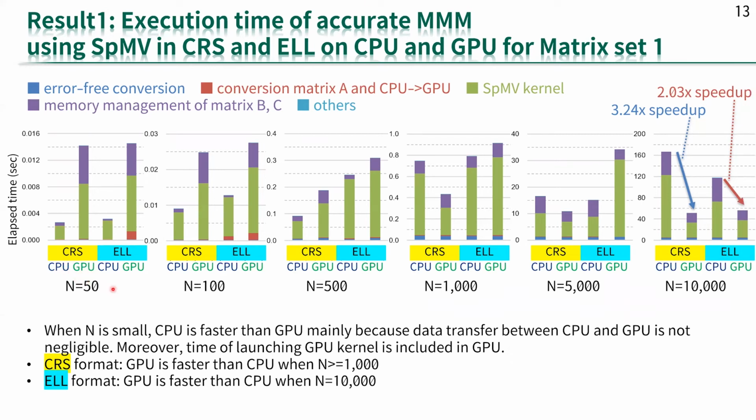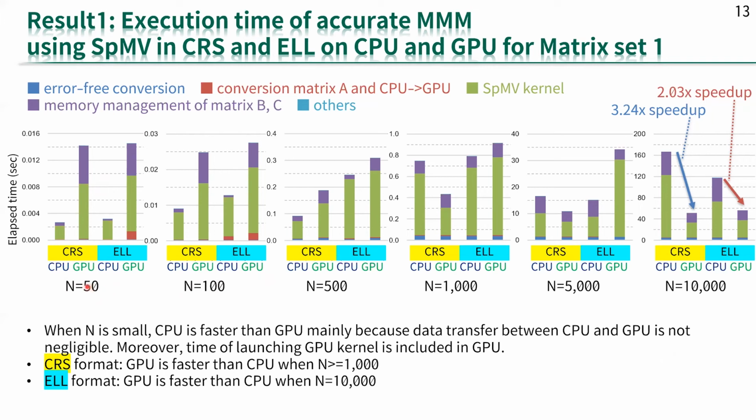We can see that when n is small, CPU is faster than GPU, mainly because data transfer between CPU and GPU, the purple parts of GPU in graphs, is not negligible. Moreover, time of launching GPU kernel is also not negligible.